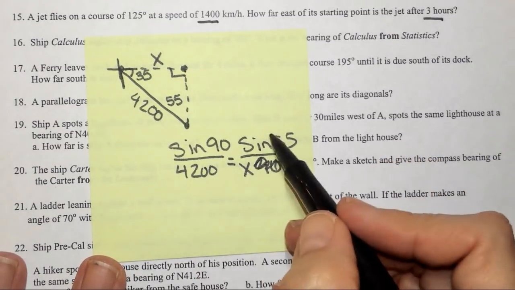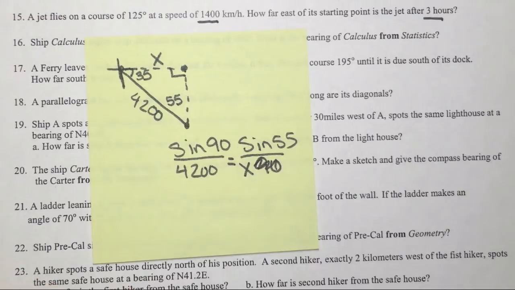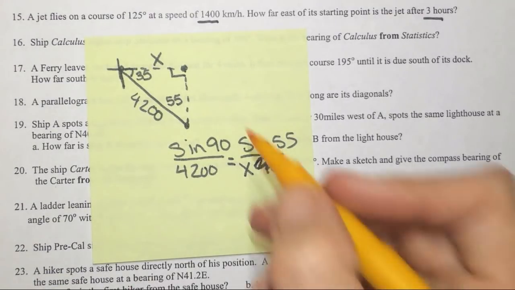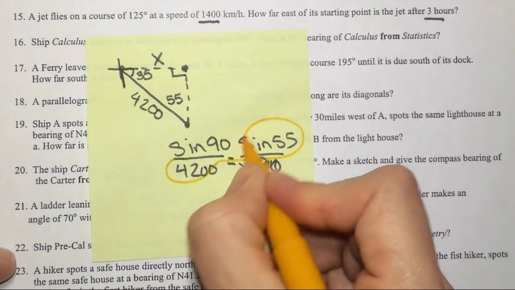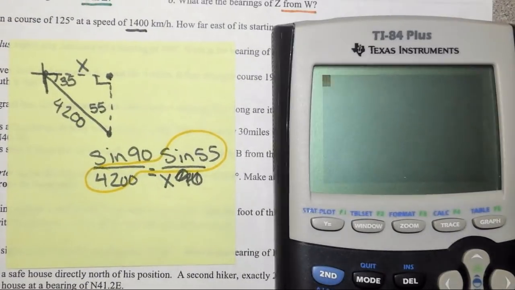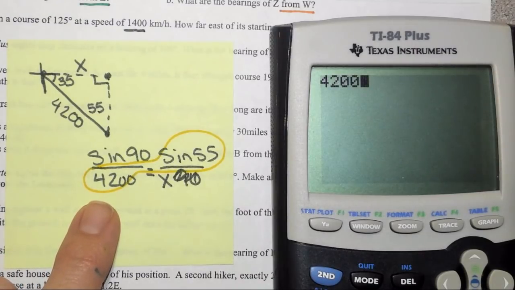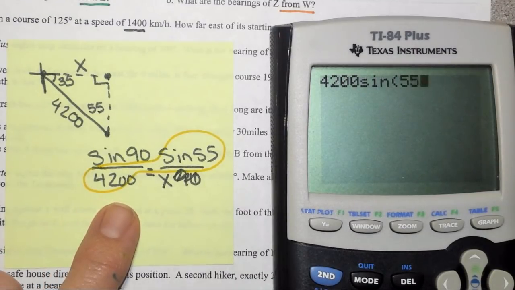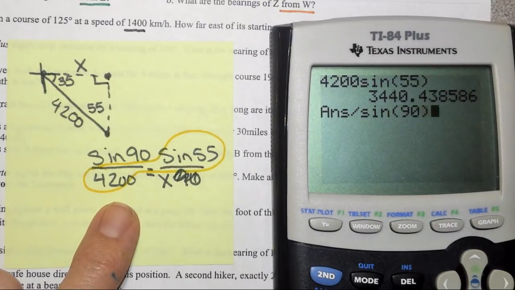And we're going to cross multiply and divide. And remember, when we cross multiply, you're going to look for the numbers that are diagonal. You're going to multiply those together, and then we're going to divide by the one we didn't circle. So in your calculator, you're going to have 4,200 times sine of 55 divided by sine of 90.